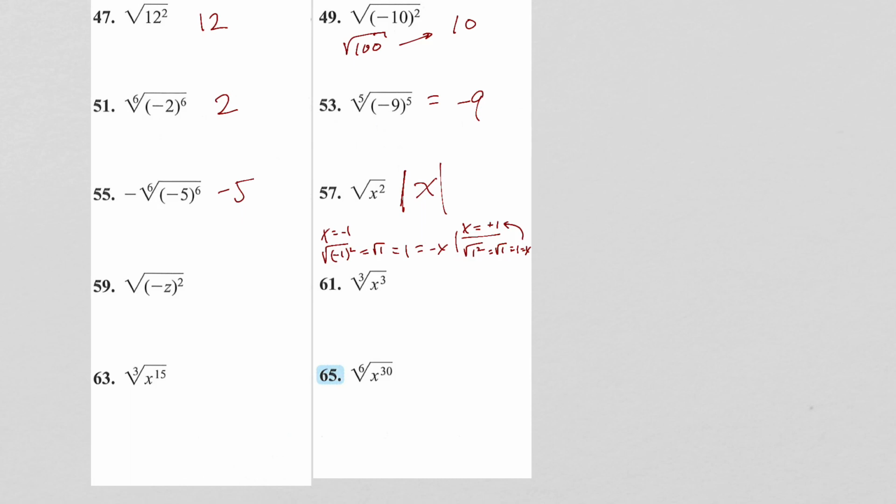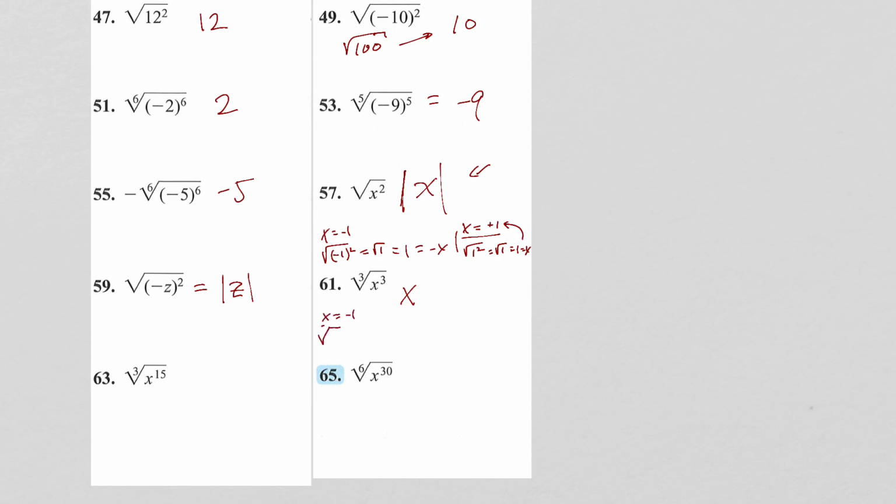Okay. This is going to be the absolute value of z for the same reason that that's the absolute value of x. This is going to be x, not the absolute value of x, and the rule to know is that if you take an odd exponent to an odd root, you get this without an absolute value. And the reason why is, let's pretend x were equal to negative 1.